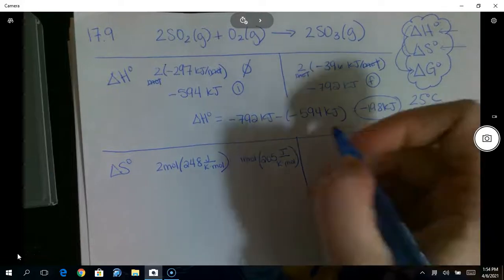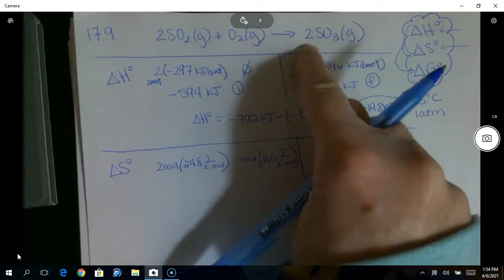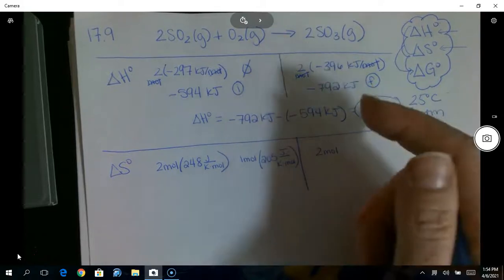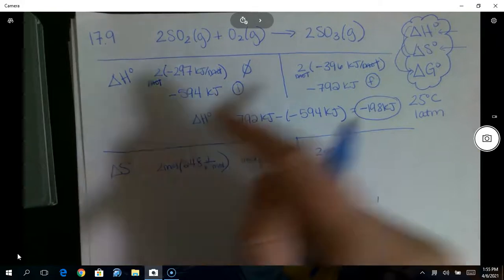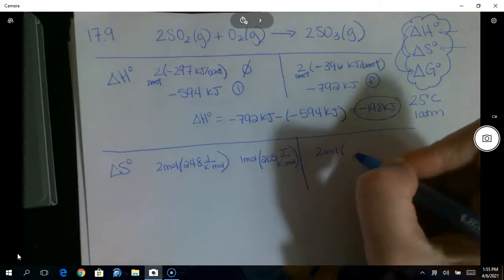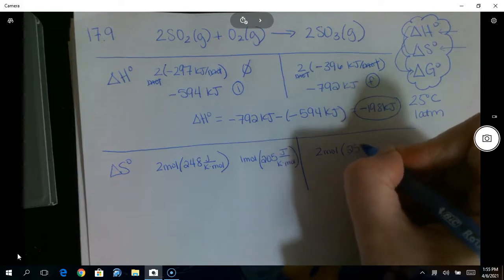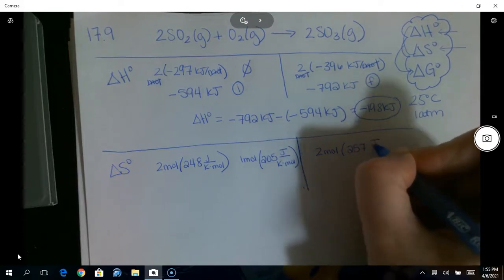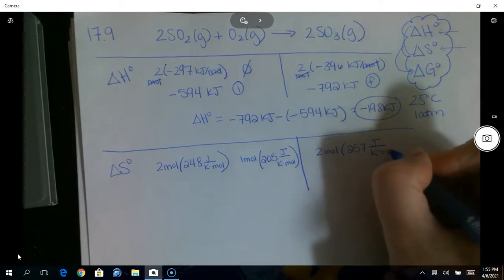In our products, I've got 2 moles SO3. I find SO3 in my chart in my problem, and for each mole, it has 257 joules for each Kelvin.